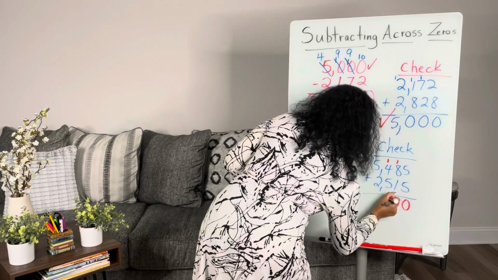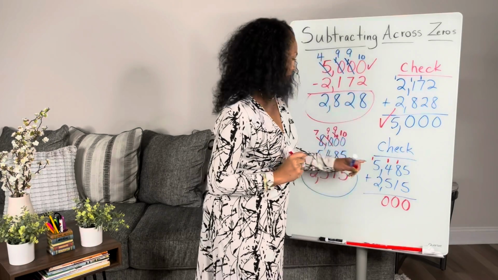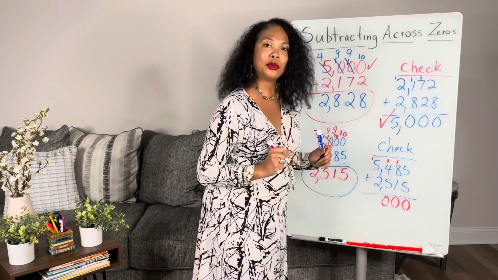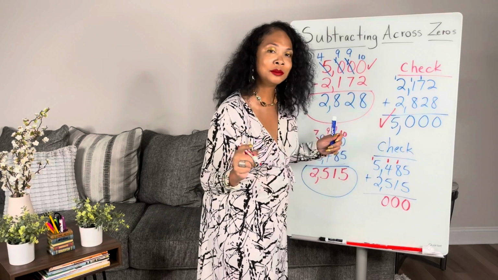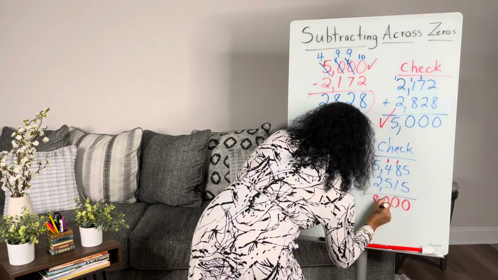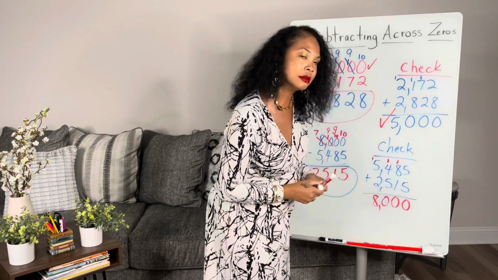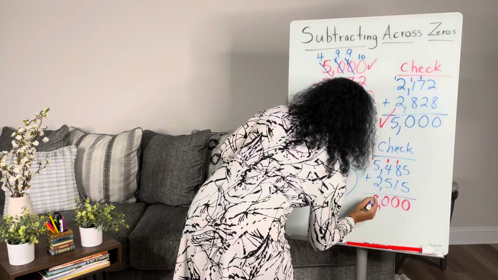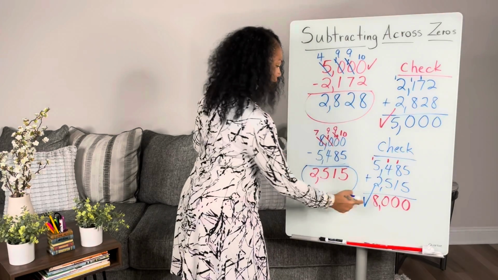Write down my 0 and carry my 1. 1 plus 5 equals 6, and 6 plus 2 equals what? 8. Oh my goodness, you have been studying your mathematical skills. And there we have 8,000. So we are absolutely correct.